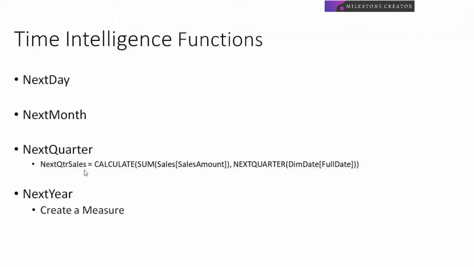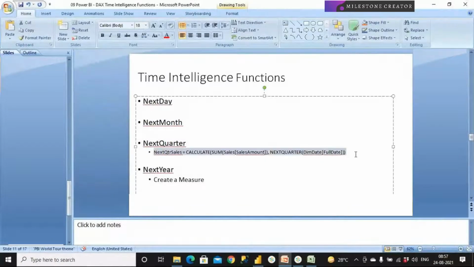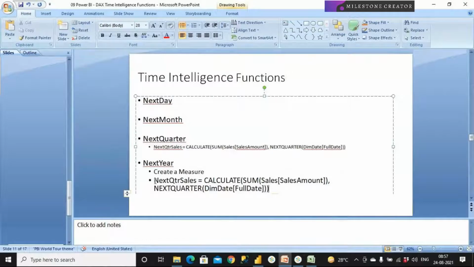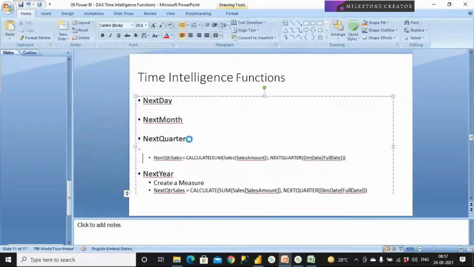These are very, very simple. So let me use one, next year or next quarter, whatever you would like to have. If it is next year, you always need to create a measure first, because for all of these you first create measures, then work with them.